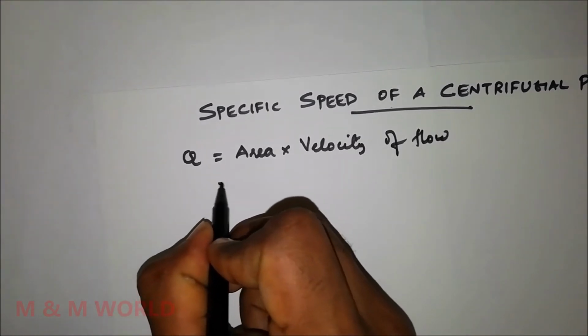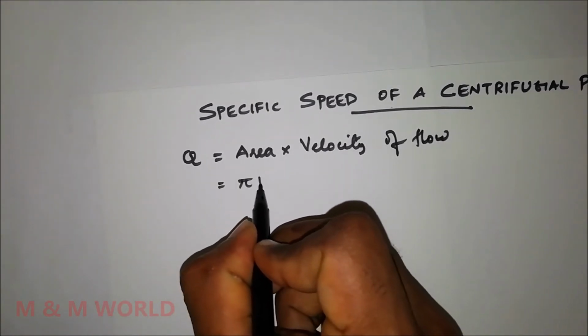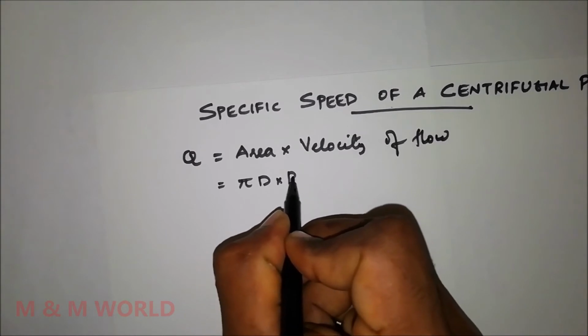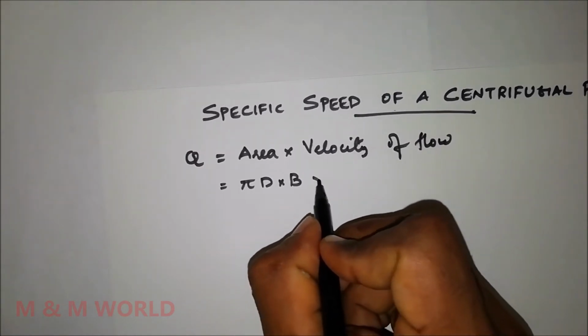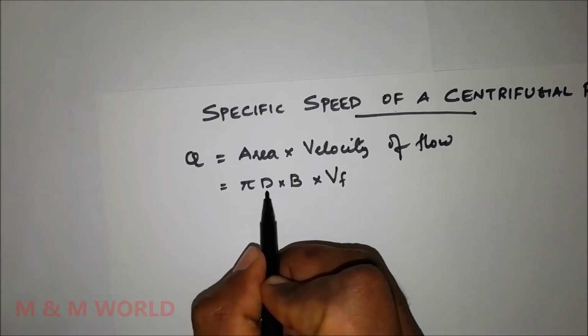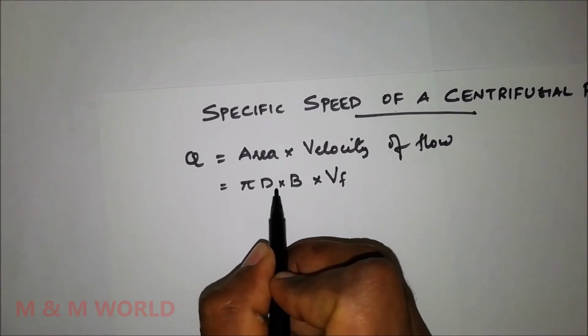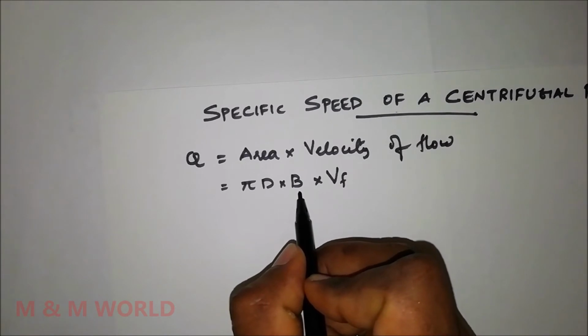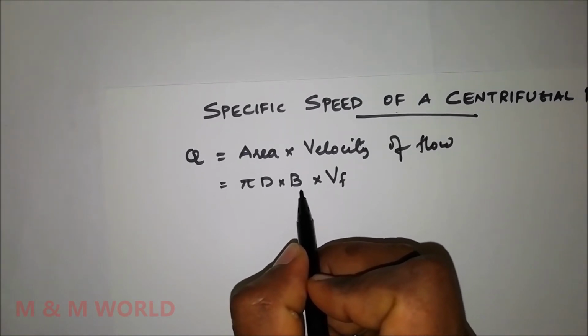That is, area is equal to pi d into b, into velocity of flow Vf, where d is the diameter of the impeller of the pump and b is the width of the impeller.